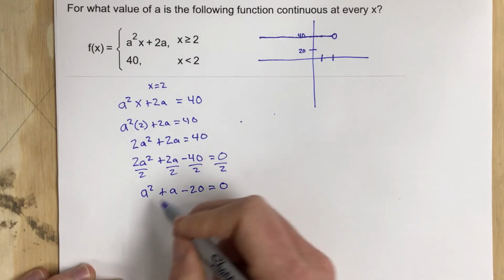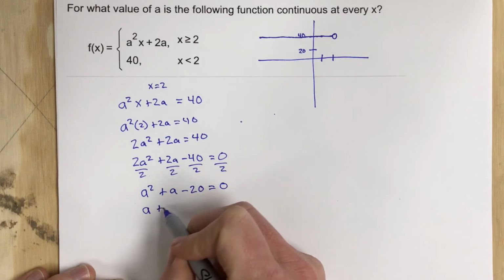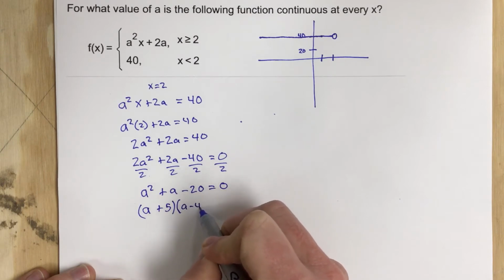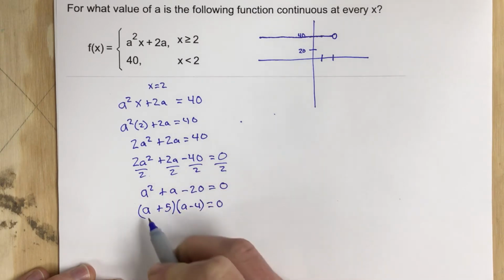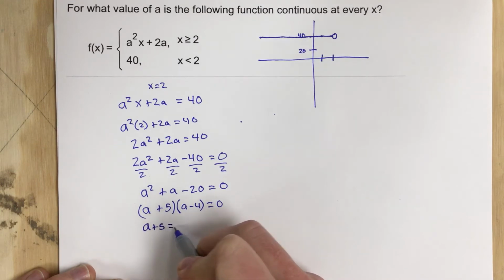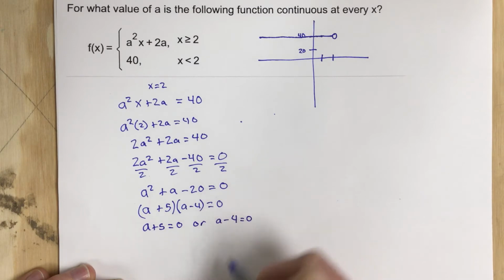Let's factor this. We end up with a plus 5, a minus 4 equals 0. And we can use the zero product property to say that a plus 5 equals 0 or a minus 4 equals 0.